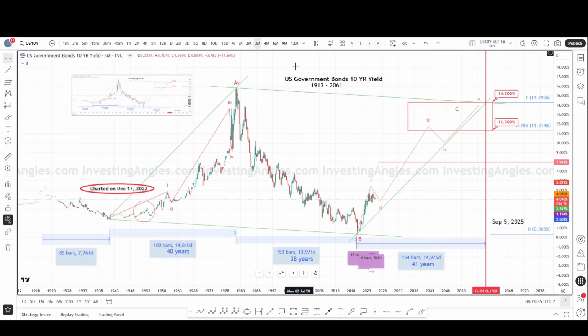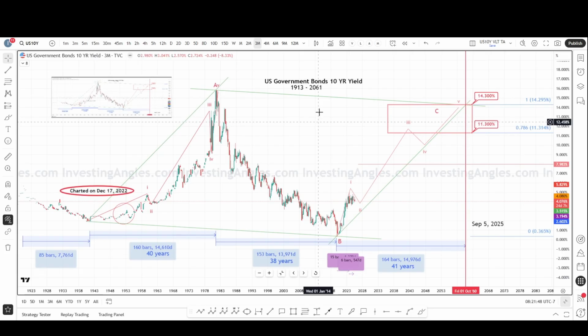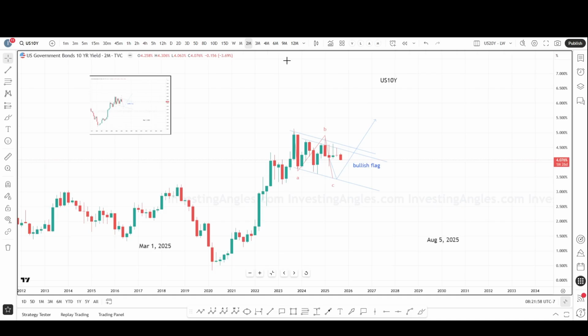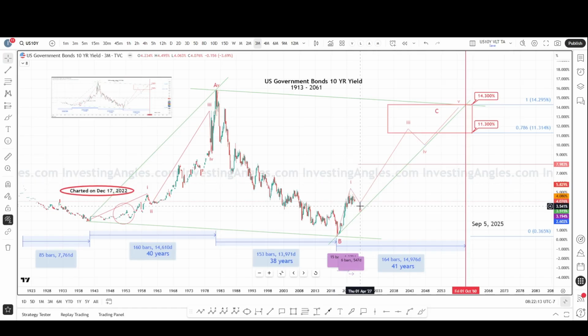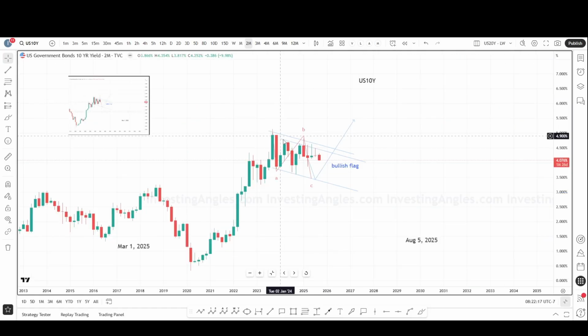Now let's have a look at the long-term perspective. This is the chart that we shared in December 2022. It's practically unchanged. And now if we look at the perspective formation, what is happening right now, I think that the wave 2, which we were talking about, this one, wave 1, 2, wave 2 is being extended, and right now the yield is forming a bullish flag.